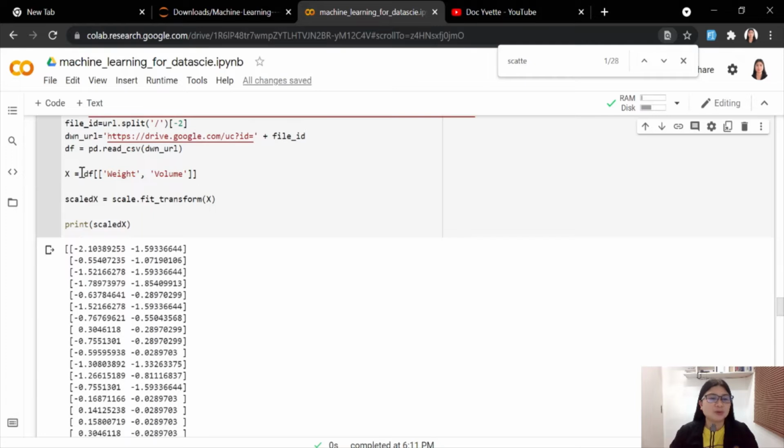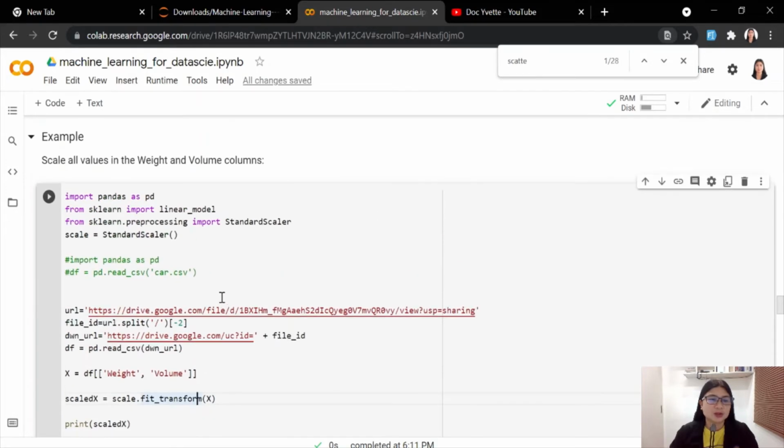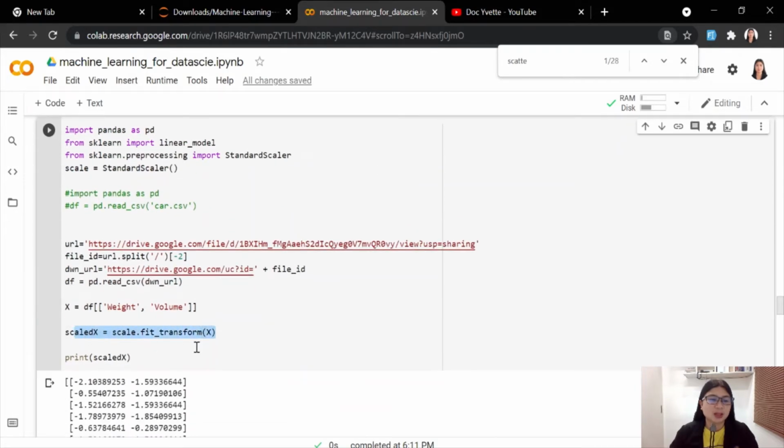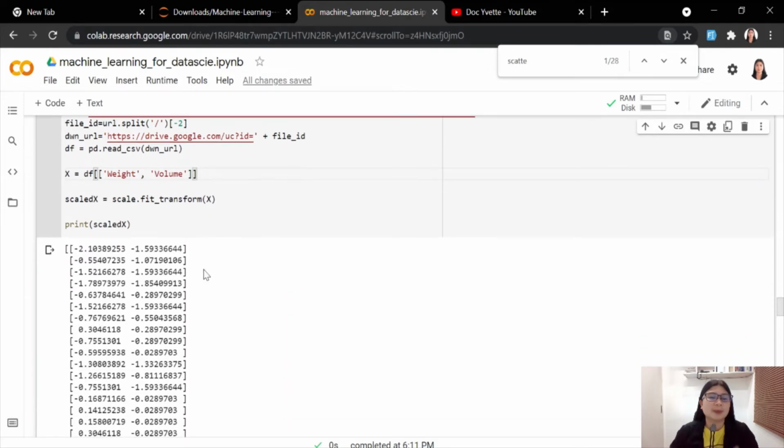We get the columns weight and volume, and then we apply scaledX is equal to scale.fit_transform. This method will transform the X, which is the independent variable, both of these two, and we get the scaled value right away.